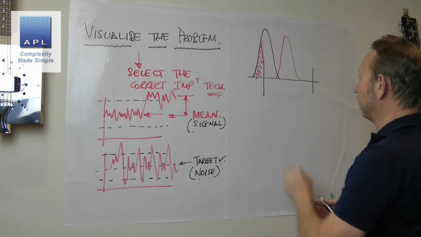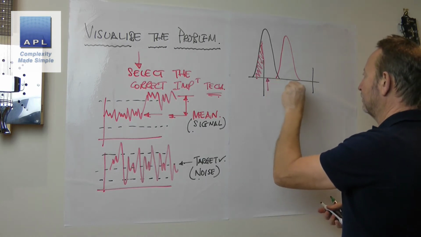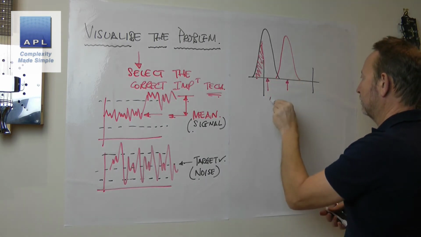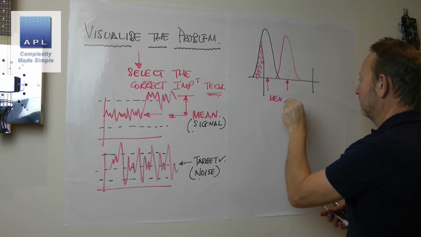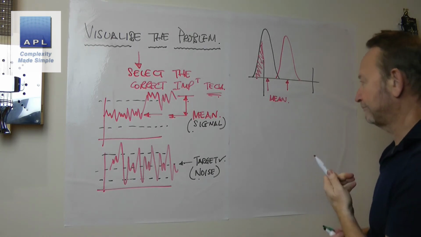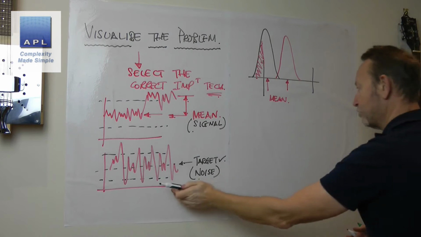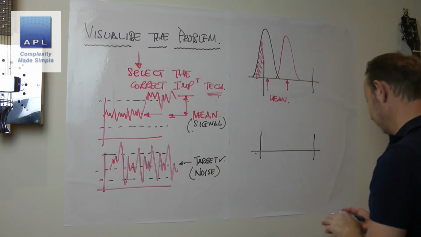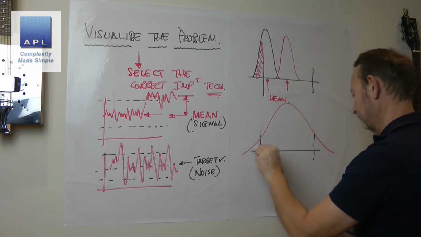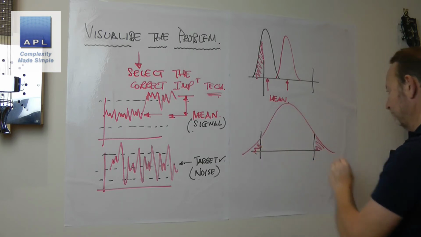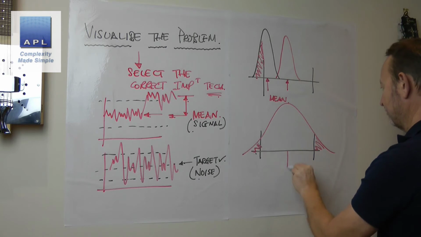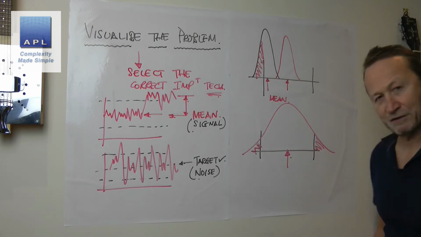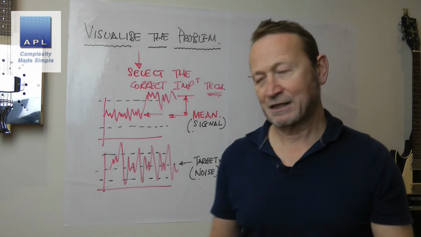We're producing defects. It's a mean shift. This one on the other hand would look like this. The mean ain't shifted. It's dead on target.